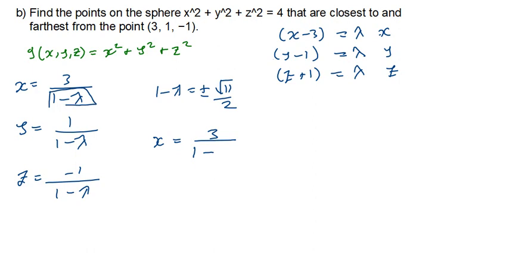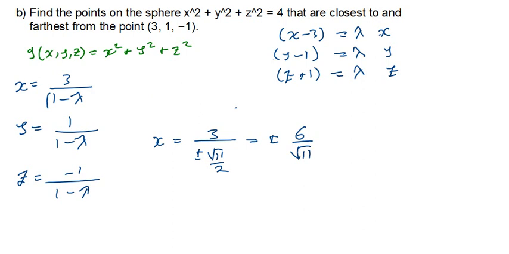This part here I can substitute with what I have. Instead of finding the actual value of lambda, just this part, because it's 1 minus lambda, I can just divide by positive or negative root 11 divided by 2, which gives me positive or negative 6 over square root of 11. Is that correct there? Yes, I think so. So that's what we have as our x.